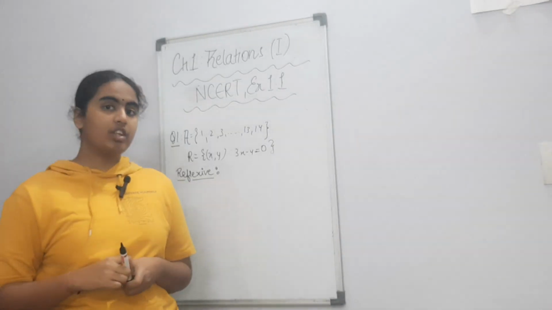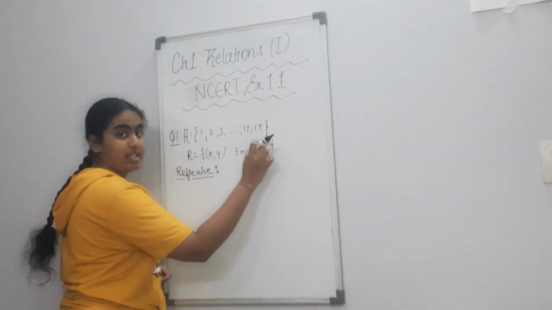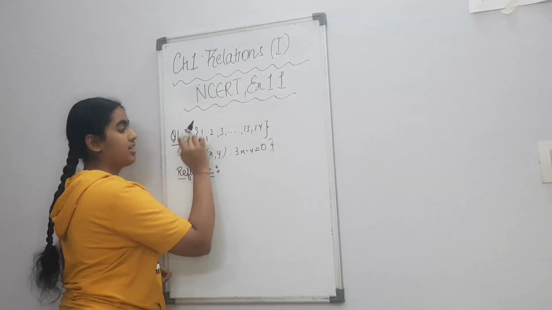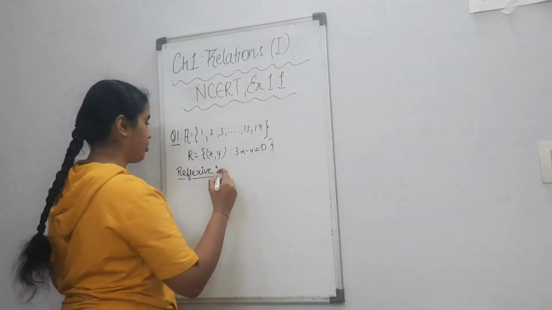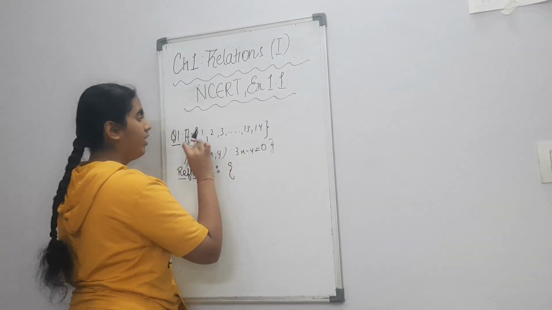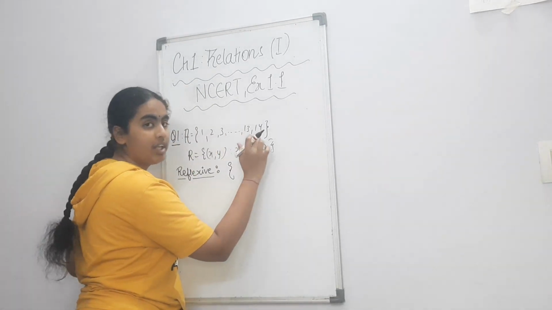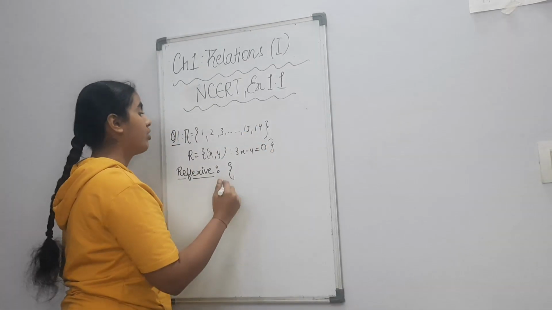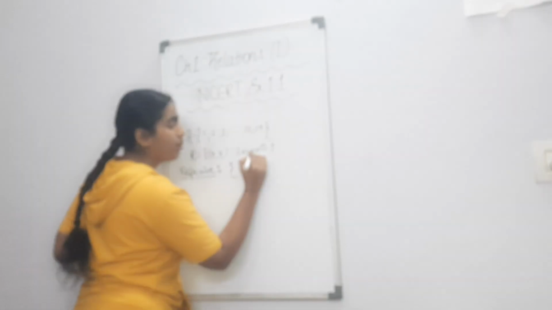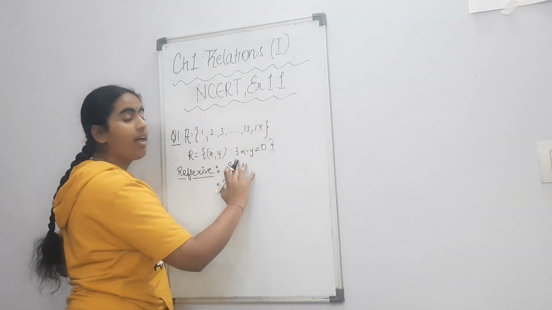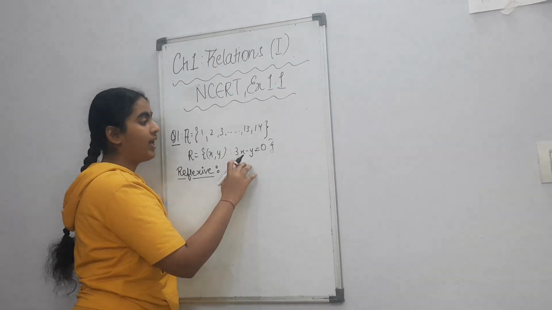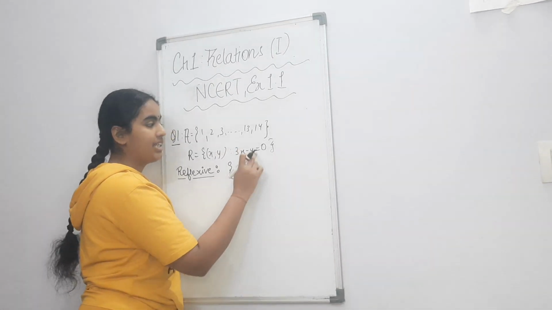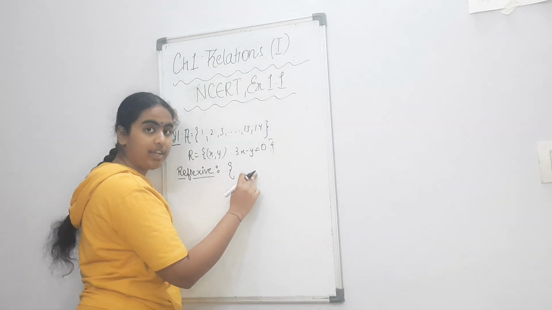The domain of the relation over here has been specified. This set is the domain of this relation. So, first let us form the relation. We have 1 up to 14 numbers in the set A. So, if we have to form a relation which satisfies the condition 3x minus y equals to 0, then it can be easily said that y is equal to 3x.